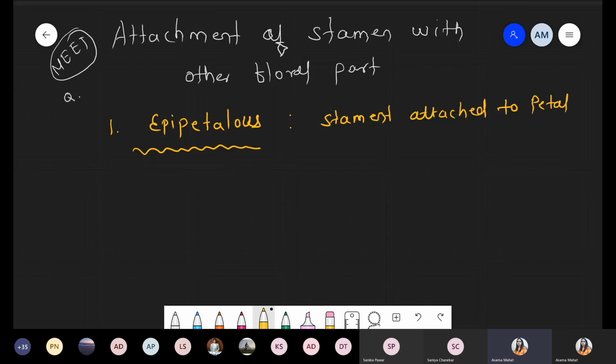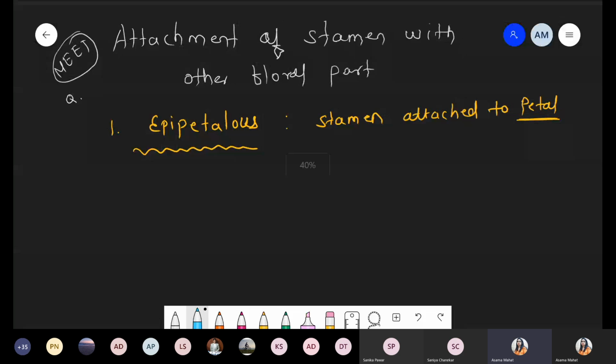It is attached to petals because see, the word is epipetalous. Petalous means petal. Okay. So now in this condition the stamen is attached to petals. This arrangement is called the epipetalous condition. And how do we represent this type of attachment?